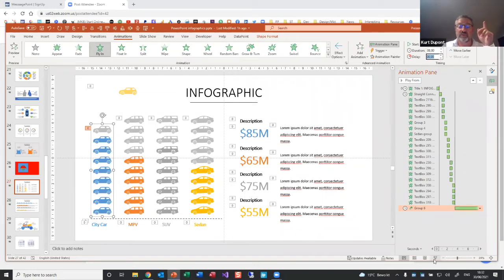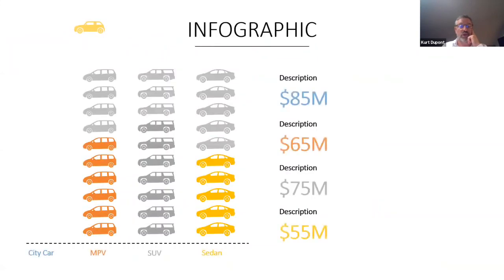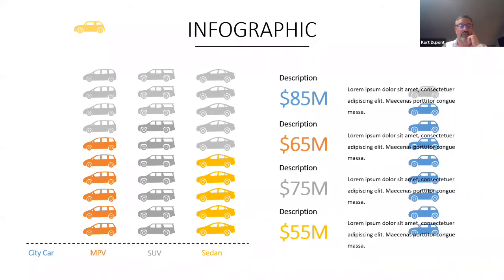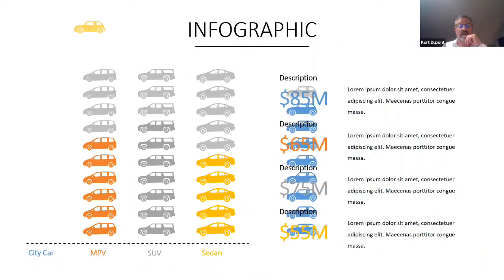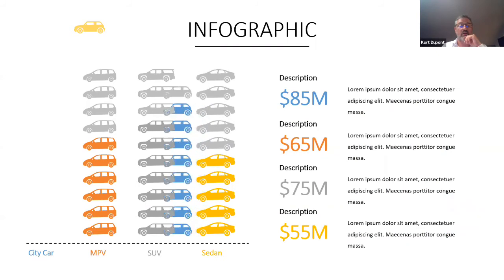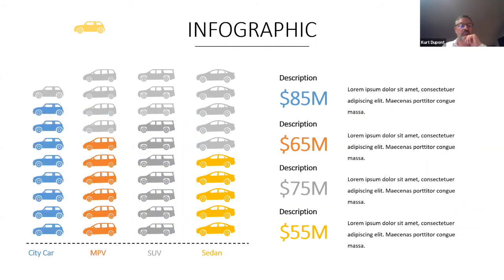When I run this, you can see that the last group of the blue cars is coming in much later than before. So now it took 1 second to start and then 8 seconds to move from the right to the left. So that's how you can do some animation.